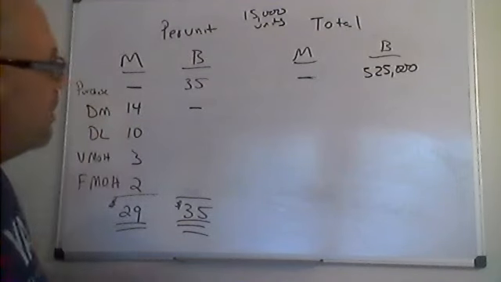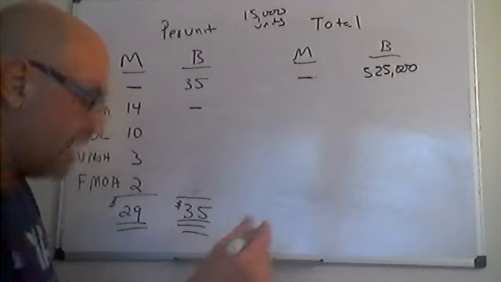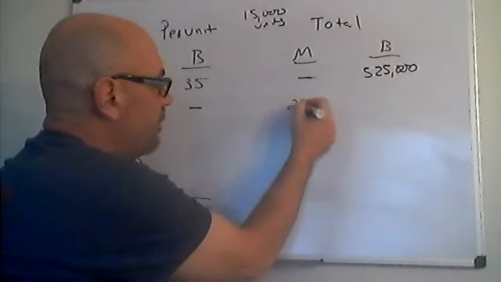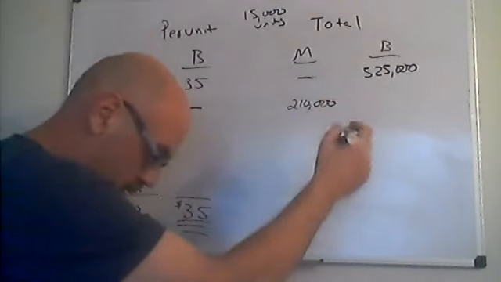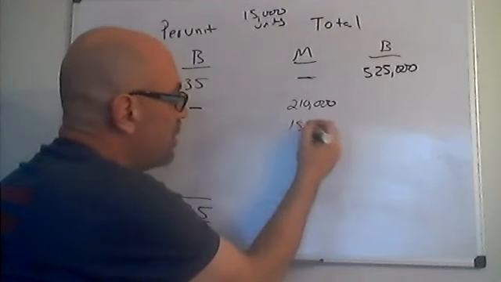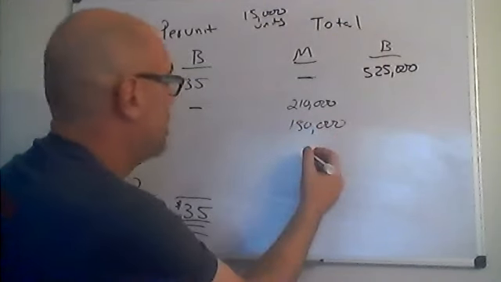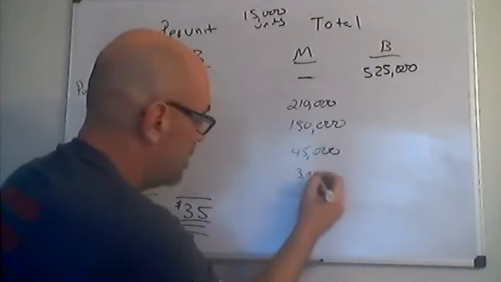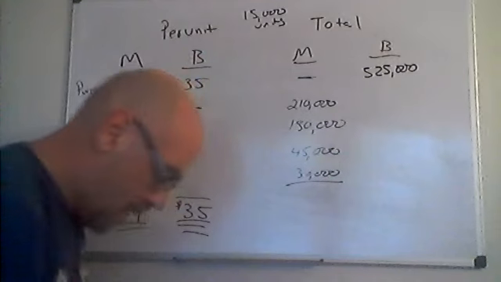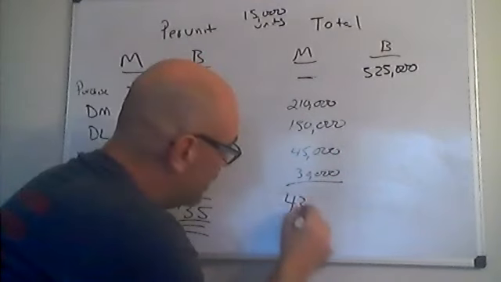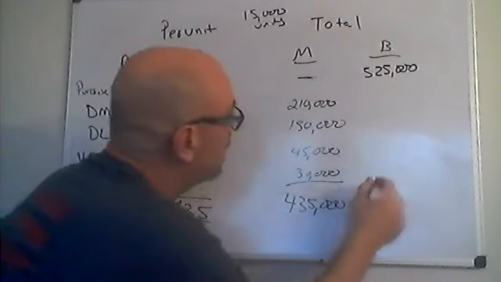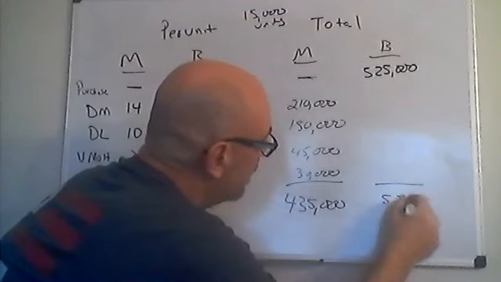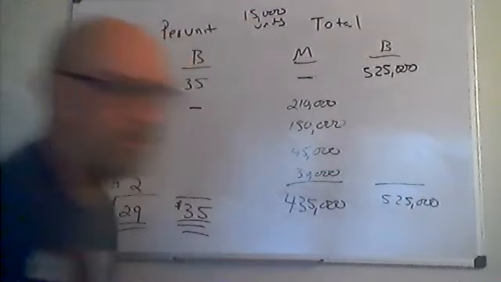If you take all these numbers out and divide them out by the 15,000 units, and add them up, so those are total costs.